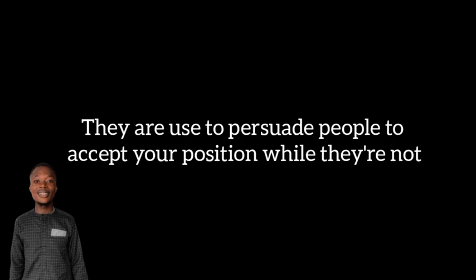That is, there are statements which are used to persuade people to accept a position, although those statements are untrue. But to such a person who is receiving the idea, it appears to be true.